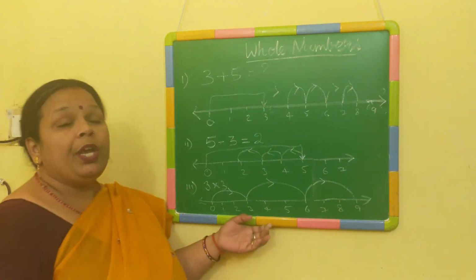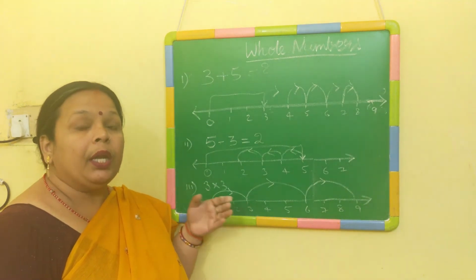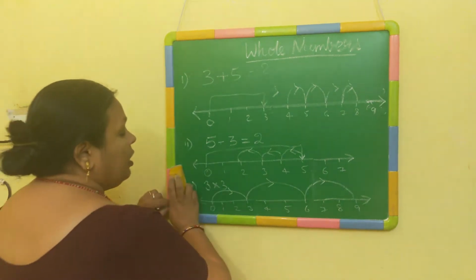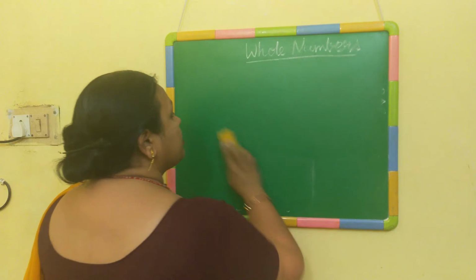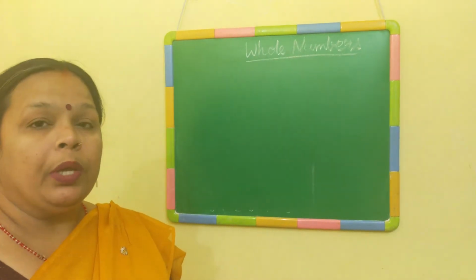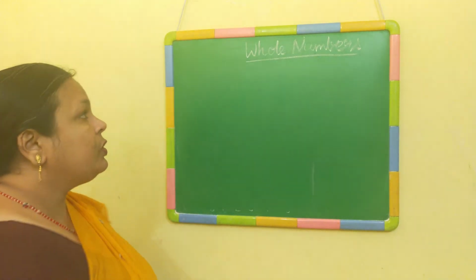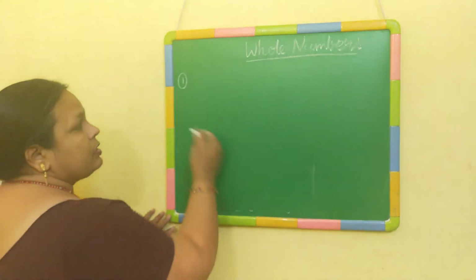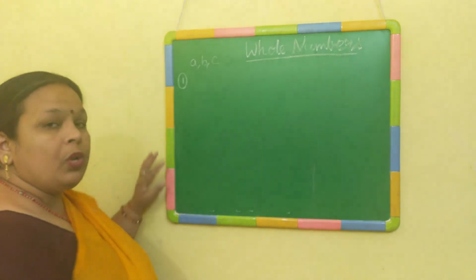Okay? So we have seen how to add, subtract and multiply on a number line. Now the next step is we'll be discussing the properties of whole numbers. When we are discussing the properties, we will be using A, B and C, 3 whole numbers.